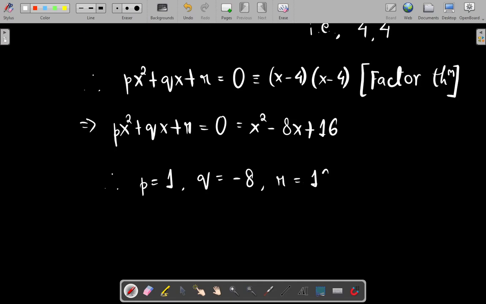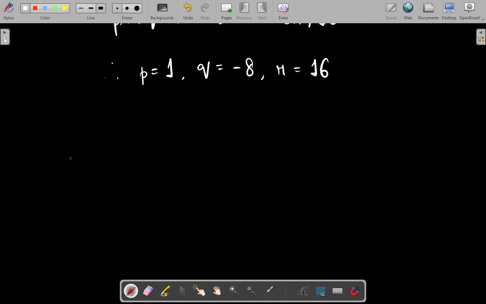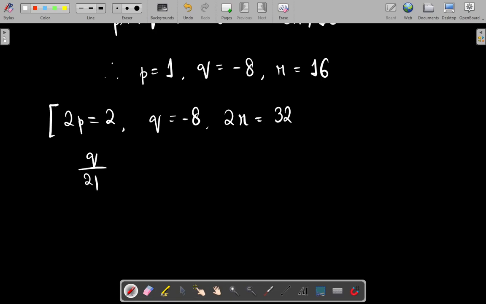We can check the values: 2p will be equal to 2, q is equal to minus 8, and 2r will be equal to 32. So q upon 2p is minus 8 upon 2, which is minus 4, and 2r upon q is 32 divided by minus 8, which is again minus 4.